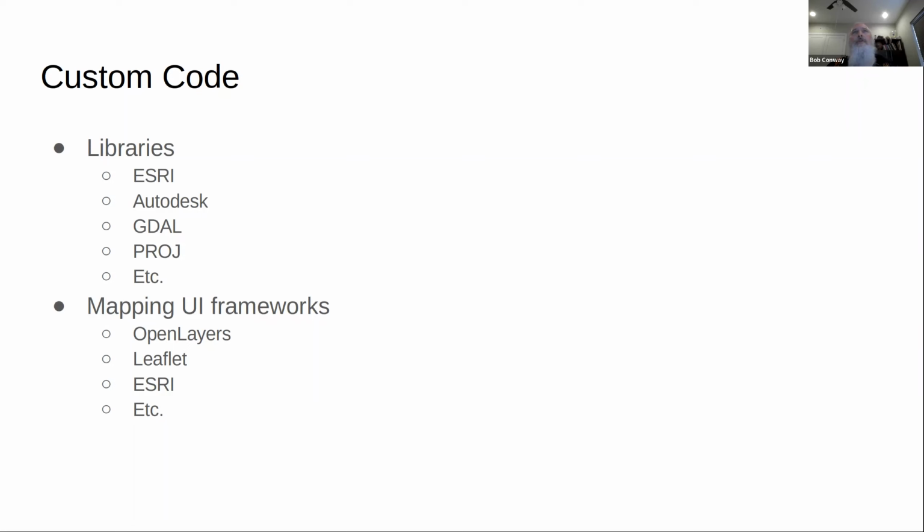Some spatial user interface frameworks, such as OpenLayers and Leaflet, can help you generate mapping apps. Esri includes similar facilities within its proprietary suite. Of course, coding can be very time-consuming and resource-intensive, depending on your needs, but it's an always available and sometimes a necessary option.